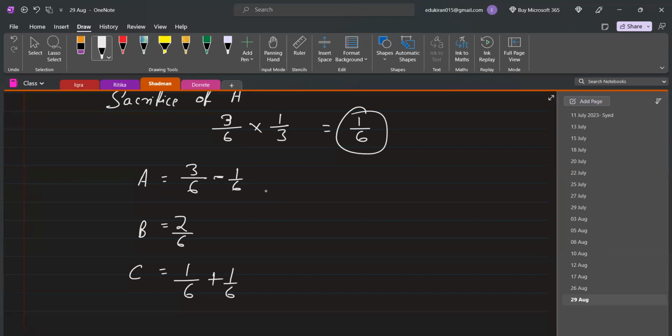Very good. So it will be 2/6, the same 2/6, and also 2/6. So the ratio will be 2:2:2, or you can say equal.